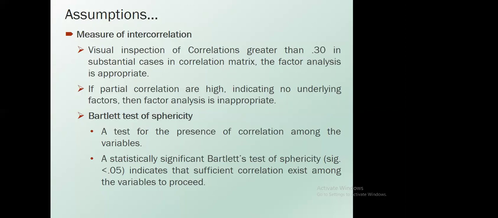Whenever you need to perform factor analysis, you have to perform Bartlett's test of sphericity and its null hypothesis should be rejected. Only if its null hypothesis is rejected, we conclude that data is suitable to perform factor analysis.